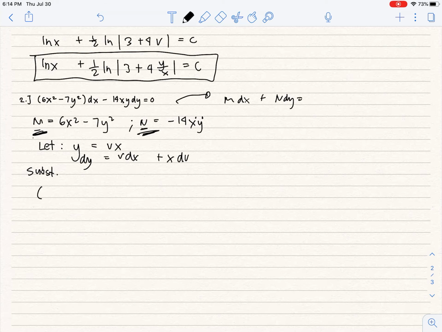So 6x squared, copy lang sana, minus 7 times y squared. Then since y is vx, raised to 2 na nga, then dx minus 14x. Then y is vx, then multiplied by dy, which is now v dx plus x dv, and is equal to 0. Okay?